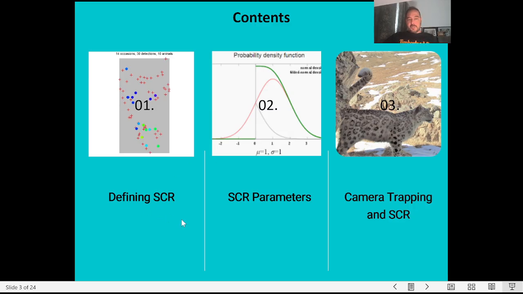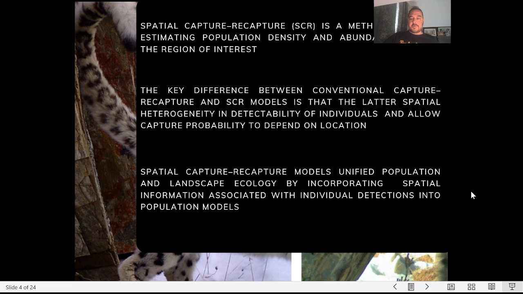First, a very short presentation. First, define the spatial capture-recapture and the parameters, which are three: the density, the encounter probability, and the activity center. And we will talk about camera trapping and SECR. So the spatial capture-recapture is a method used for estimating population density and abundance across the region of interest.